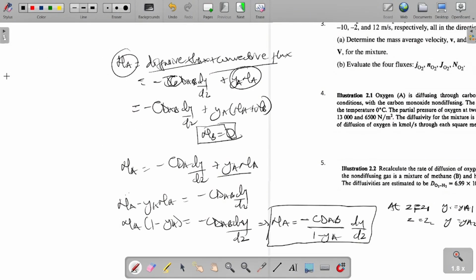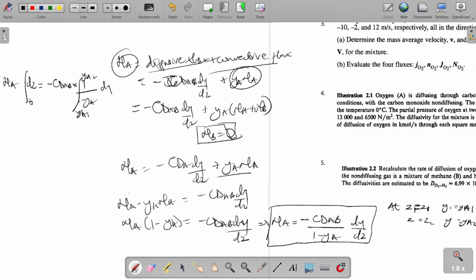So from there you can see that you can arrange the terms in such a way that I have N_A dz will be equal to minus C D_AB multiplied by 1 over 1 minus y_A, dy, right? So I take the integral from here from y_A1 to y_A2.